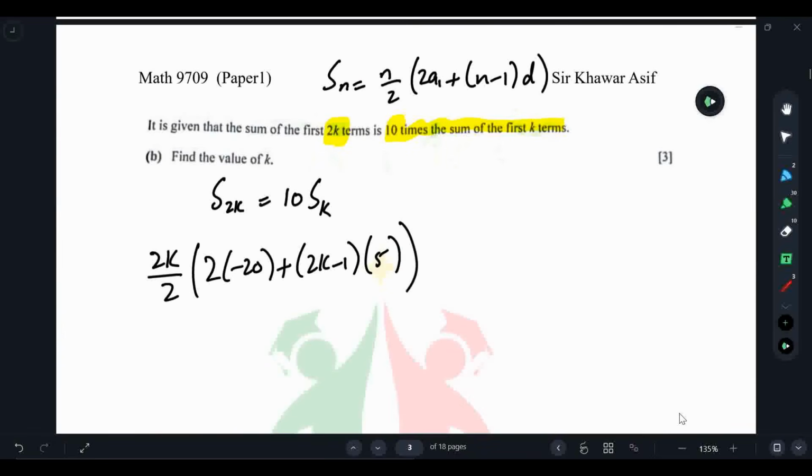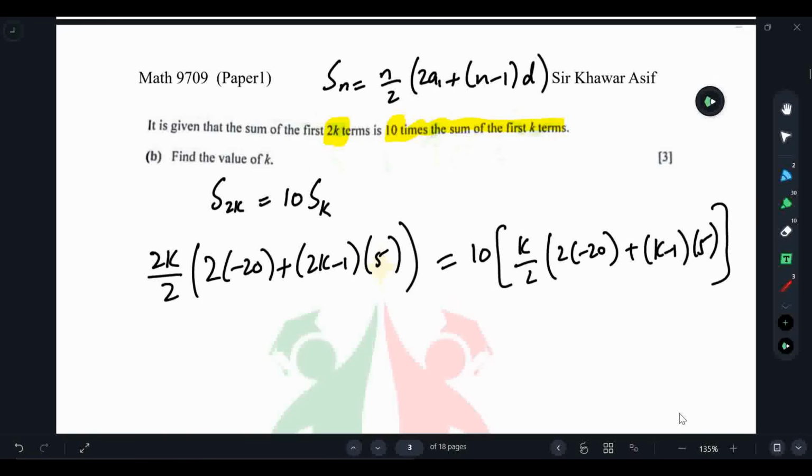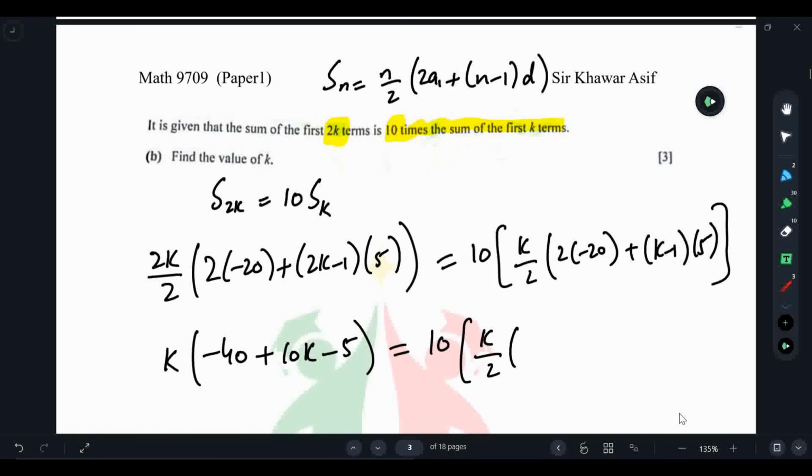Now this will be equal to 10 into k by 2, n is k for the right hand side, k by 2 into minus 20 plus k minus 1 into 5. Now we can simplify it, k into minus 40 plus 10k minus 5 is equal to 10 into k by 2 into minus 40 plus 5k minus 5.